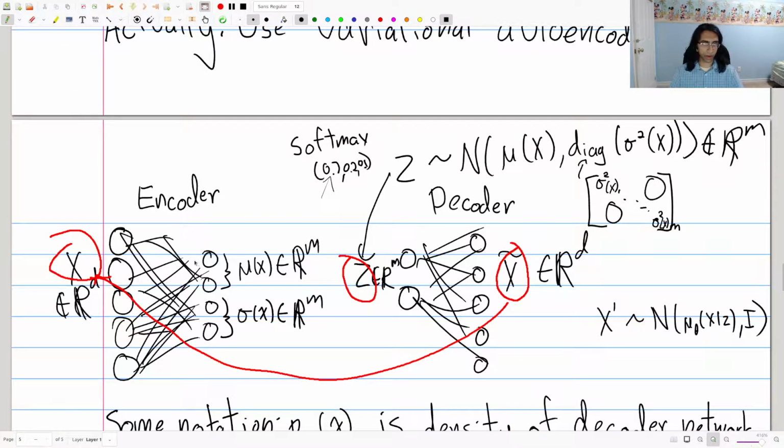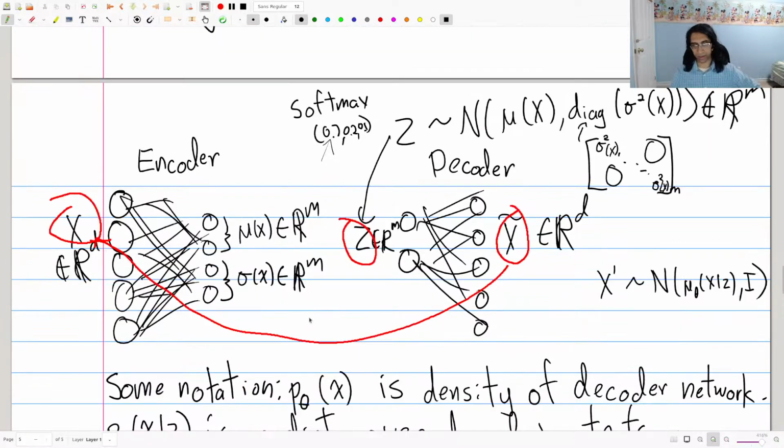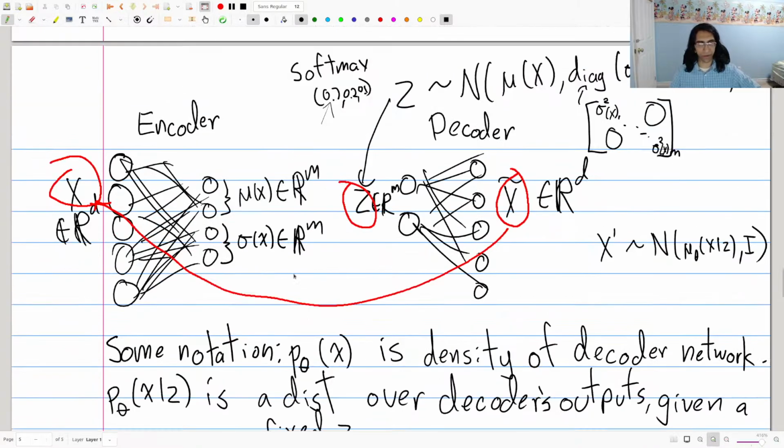Our variational autoencoder simultaneously tries to do two things. One, it tries to map its original distribution to a Gaussian distribution, the N(0, I) identity distribution, and then map from that Gaussian back to the original thing. So there are two things we care about: mapping back to the original distribution, and, in the middle, mapping to the Gaussian distribution.